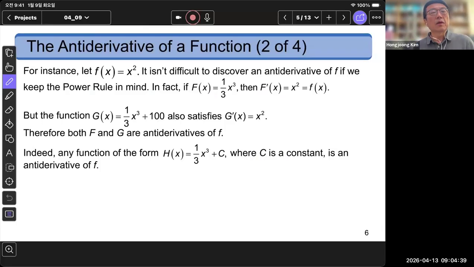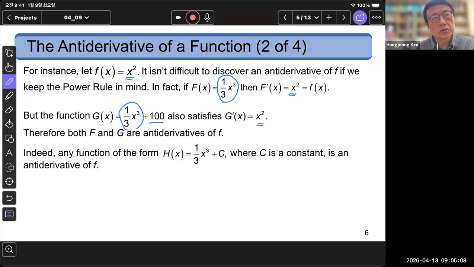So here is another example. If I consider lowercase f as x squared, then when I differentiate 1/3 of x cubed, you get x squared. But as I said, that's not the only one. If you differentiate, say, 1/3 of x cubed plus 100, its derivative is also x squared.